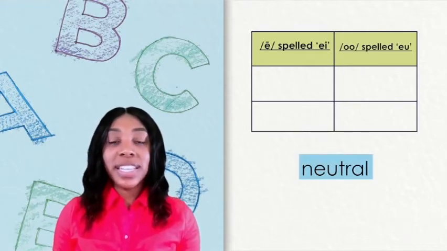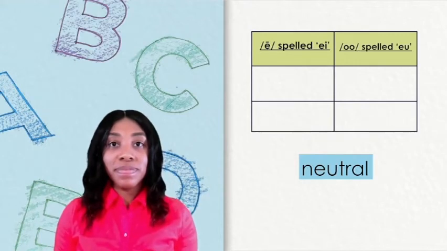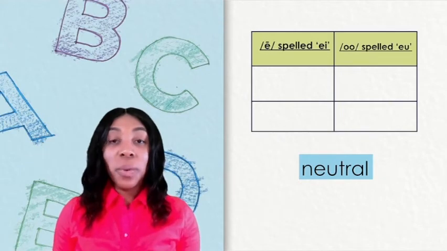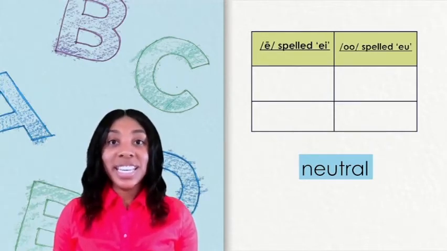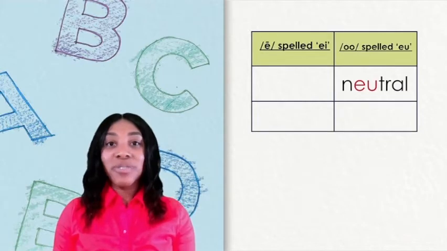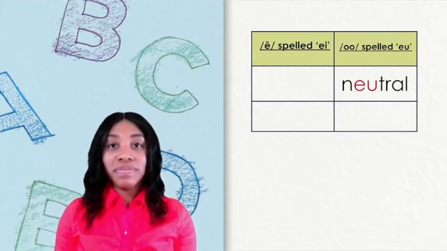How would you pronounce this word? Neutral. When we look at our first syllable in neutral, n-oo, we have the oo sound and it is spelled with an EU. Go ahead and write down the word neutral.